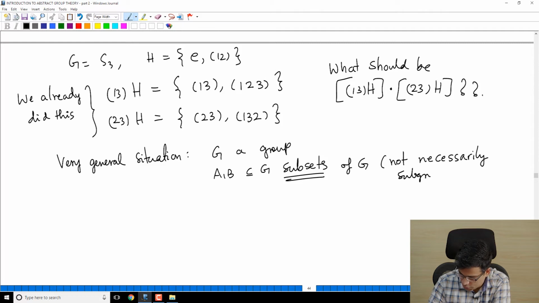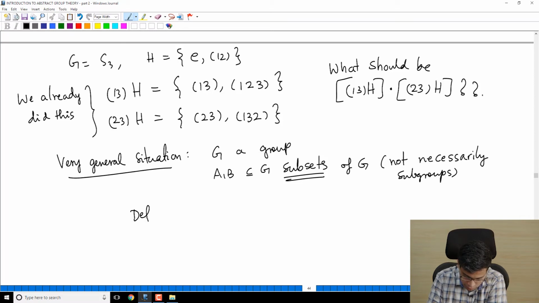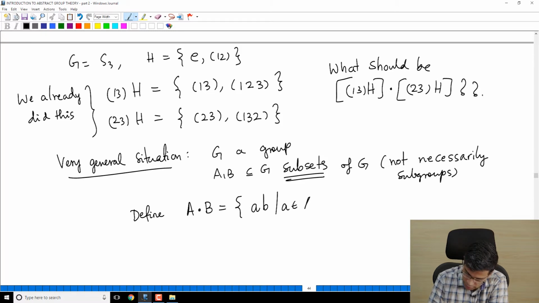They can also be subgroups, but I am not restricting only to the case of subgroups. I am doing this because it seems like we have to multiply two subsets of a group: in order to multiply (1 3)H and (2 3)H, we have to multiply two subsets. So let's define A dot B to be simply the set of all a times b, where a is in A and b is in B.